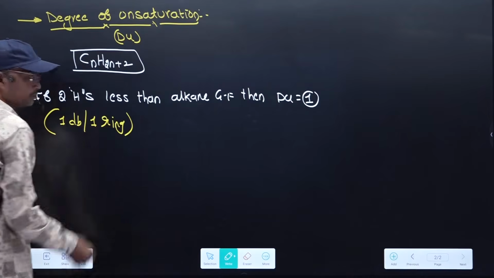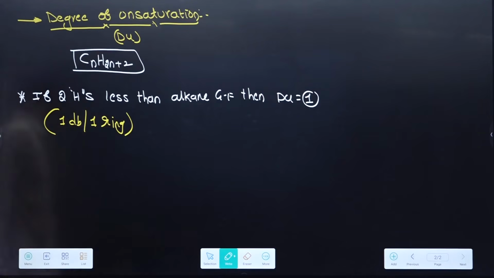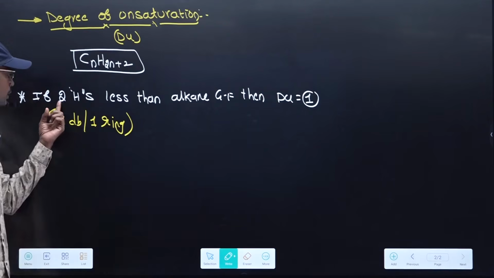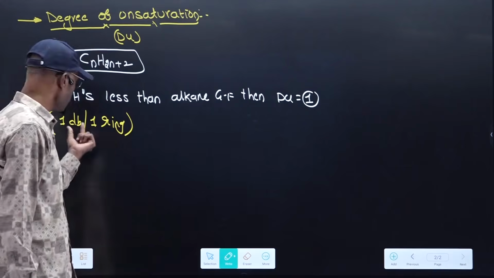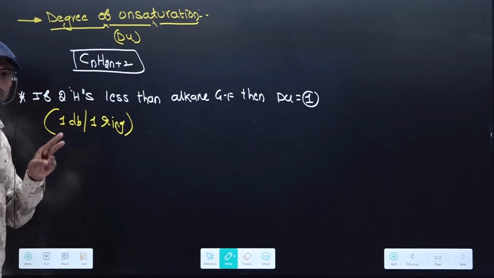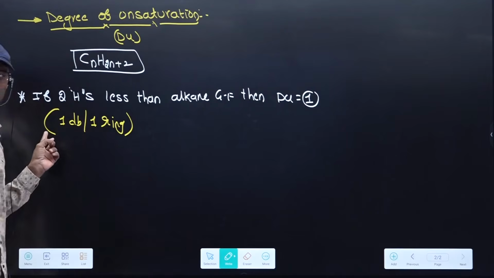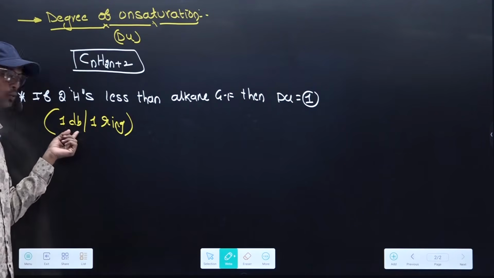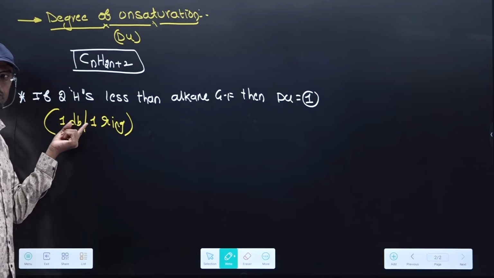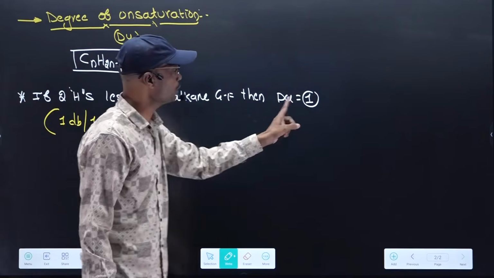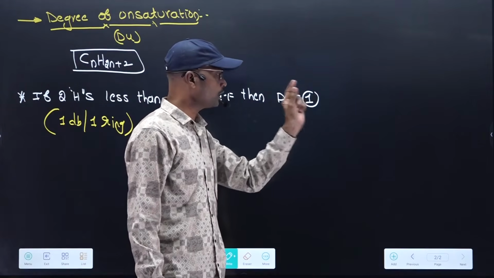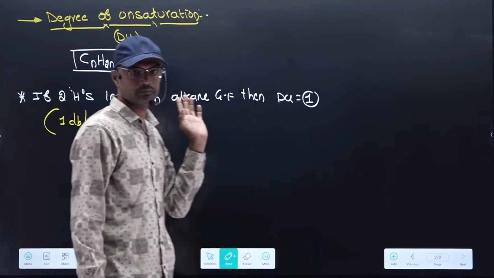You remember this point. If degree of unsaturation is 1, it indicates they carry one double bond or one ring. One ring is equal to 1 DU. One double bond is equal to 1 DU. Double bond is nothing but a pi bond. Every pi bond is 1 DU. Every ring is also 1 DU.